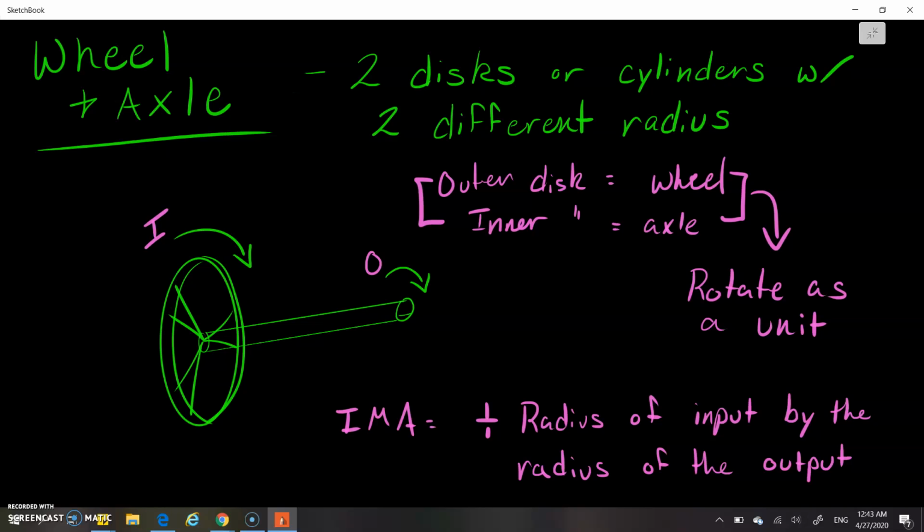So I would take the radius of my steering wheel and then divide that by the radius of my axle. In this case, it is going to be a really large to a really, really small ratio, but it could be vice versa. If you're looking at the actual wheels of the car, you would be moving the long cylindrical rod, and the wheel itself would be the axle, the output. And so yeah, that is your wheel and axle.